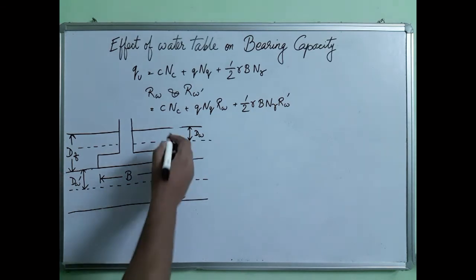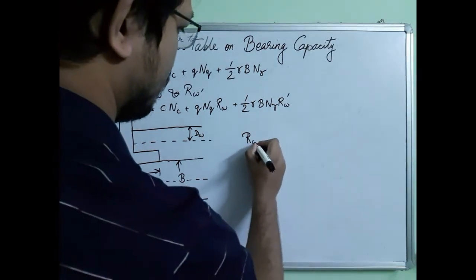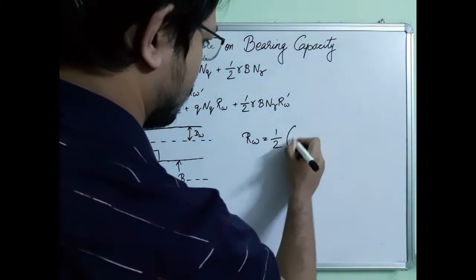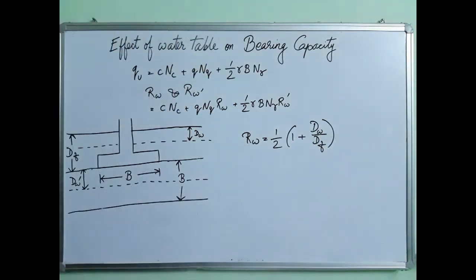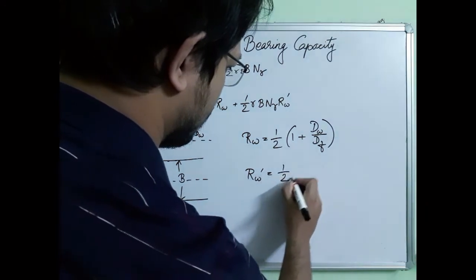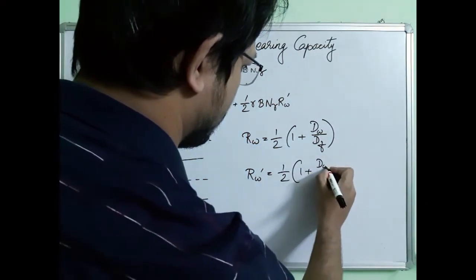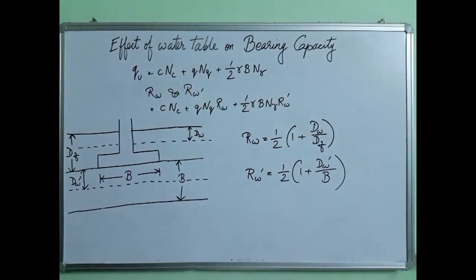So now Rw is equal to half of 1 plus Dw by Df, and Rw dash is equal to half of 1 plus Dw dash by B.